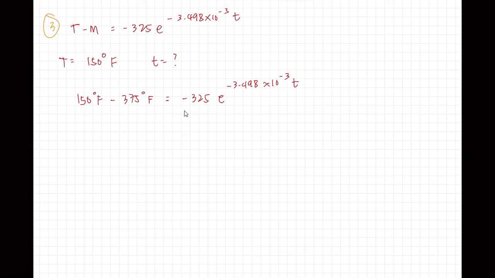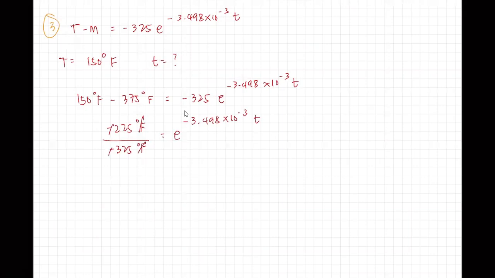So, this will be 150 minus 375. That's negative 225 degrees Fahrenheit over negative 325 degrees Fahrenheit is equals to e negative 3.498 times 10 to the negative 3 T. Okay? Cancel out yung unit, cancel out yung negative sign.